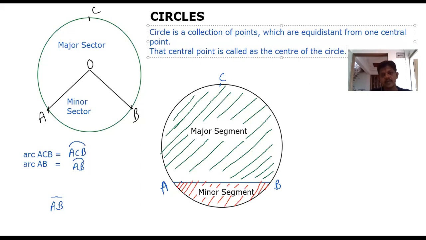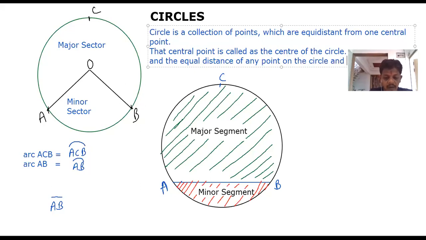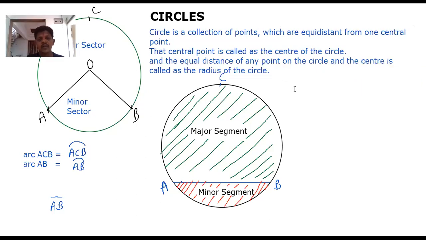The central point is called as the center of the circle, and the equal distance of any point on the circle and the center is called as the radius of the circle.